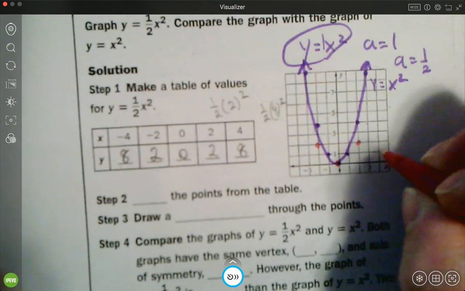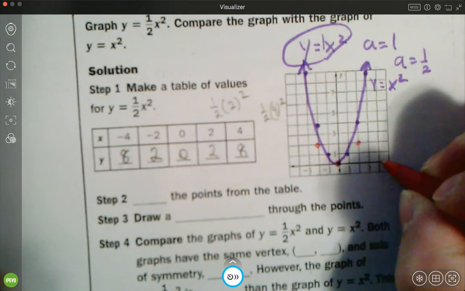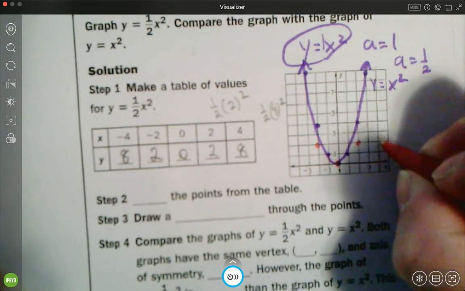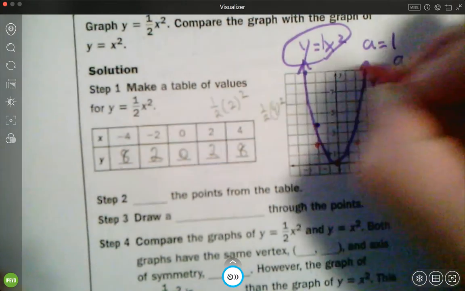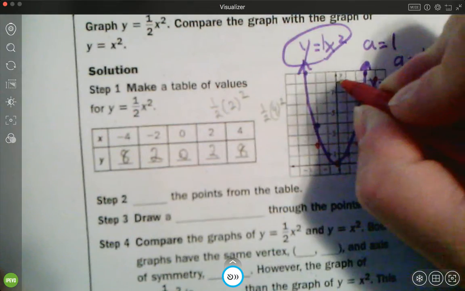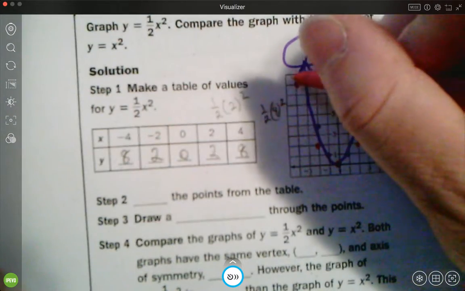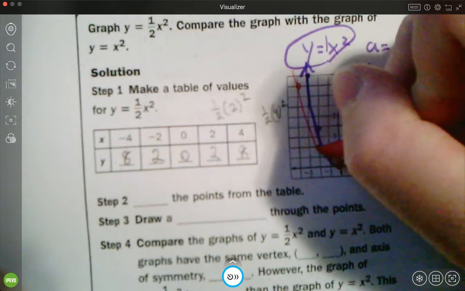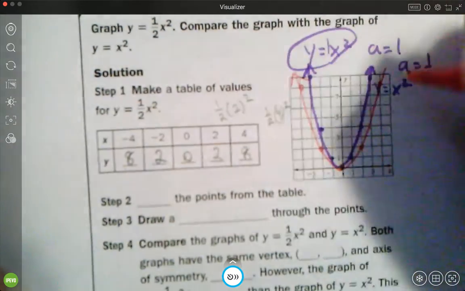All right, -2, 2. And then my next one is 4, 8. So 4, and then all the way up to 8. And then 1, 2, 3, 4. 2, 3, 4. Okay, draw my smooth curve. Like that. So there's my 2 parabolas.